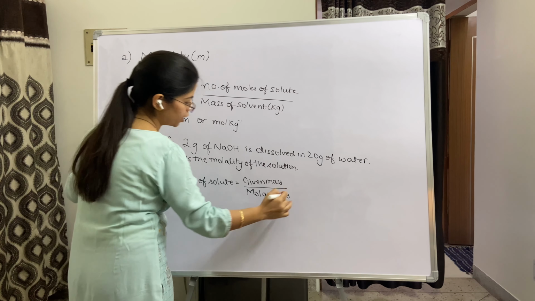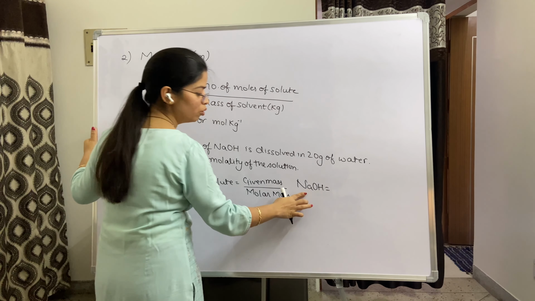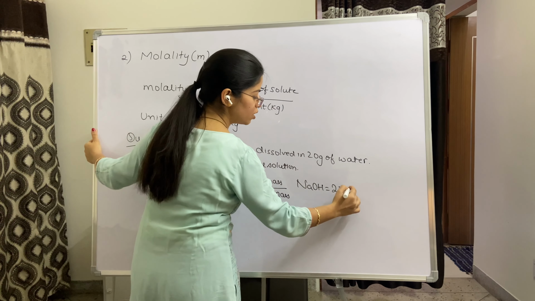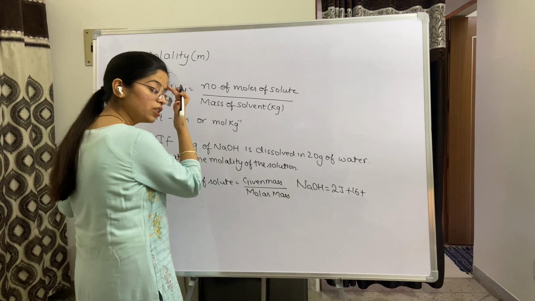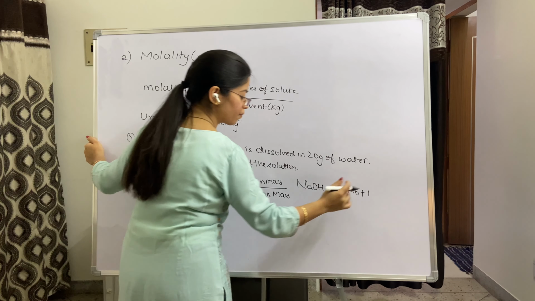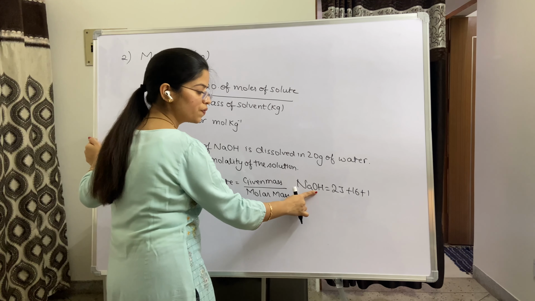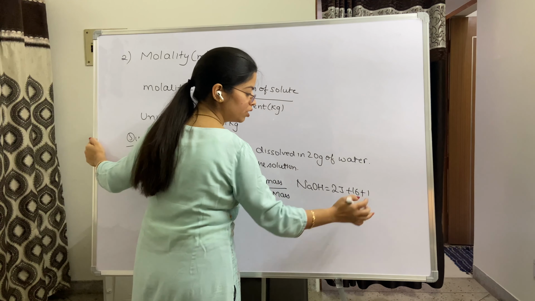For NaOH, the atomic mass of sodium is 23, the atomic mass of oxygen is 16, and the atomic mass of hydrogen is 1.